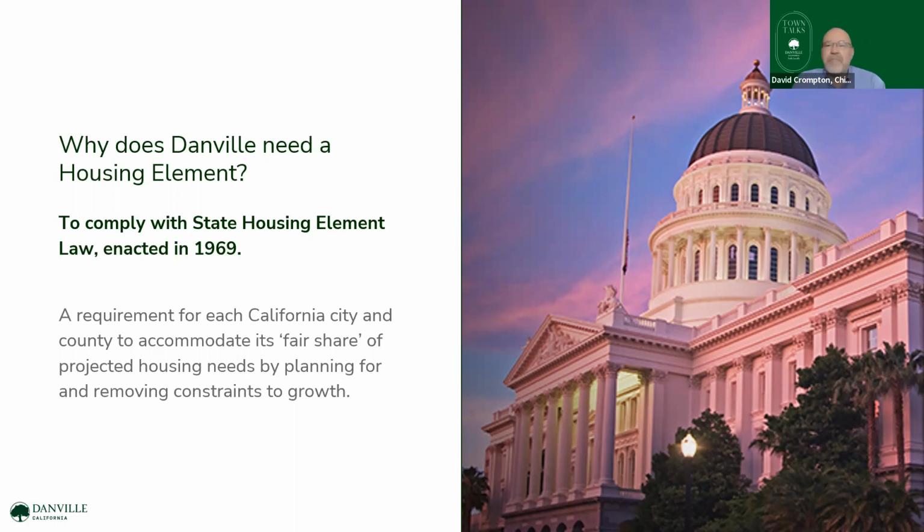Number one, we need it because it is state law. State law that goes all the way back in California to 1969 requires every city and county in the state to have a housing element. And every housing element has to do a good job of planning for how a community is going to meet its fair share of its own housing needs and regional housing needs.